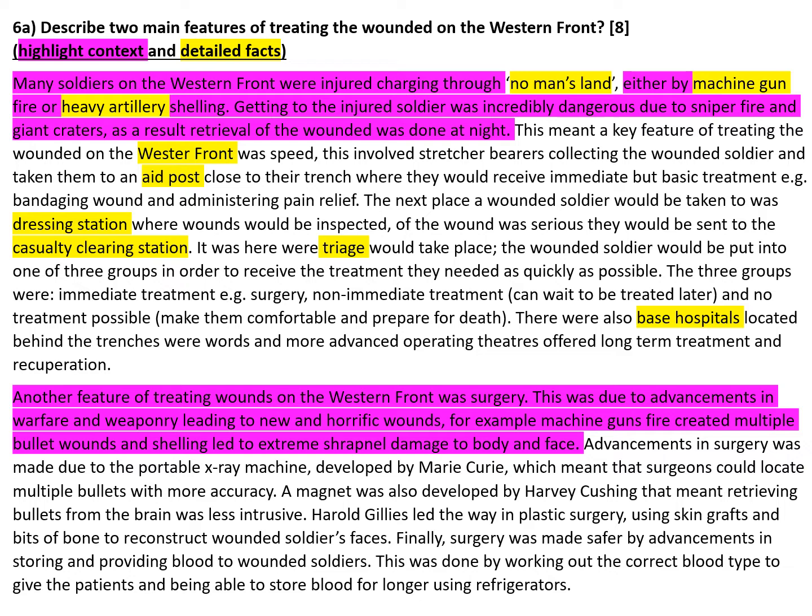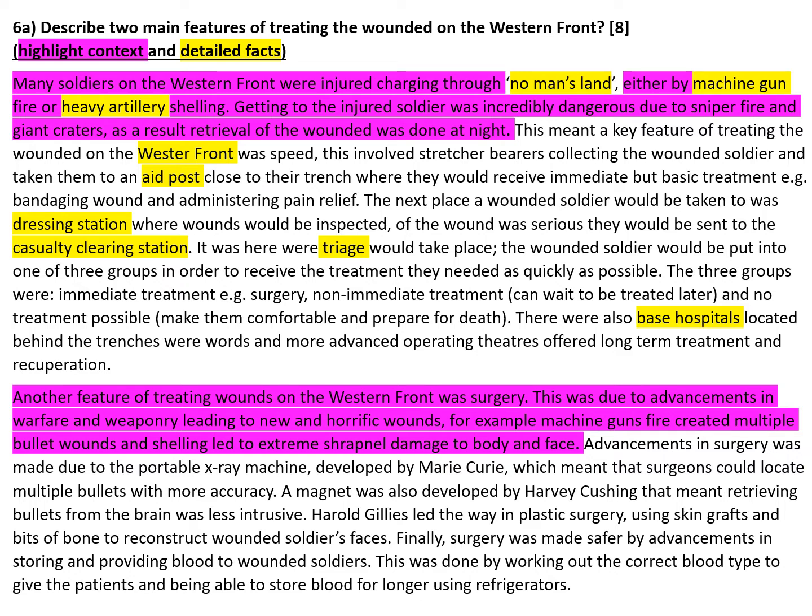So my two examples I used was getting soldiers away from the front line quickly, and then my second one was surgery, because I can give loads of examples of them doing each of those things. Okay, so if I've chosen to say they're trying to get people out of the trenches quickly, what's the context behind that? So that's the bit in purple. I've said many soldiers on the Western Front were injured charging through no man's land, either by machine gun fire or heavy artillery shelling.